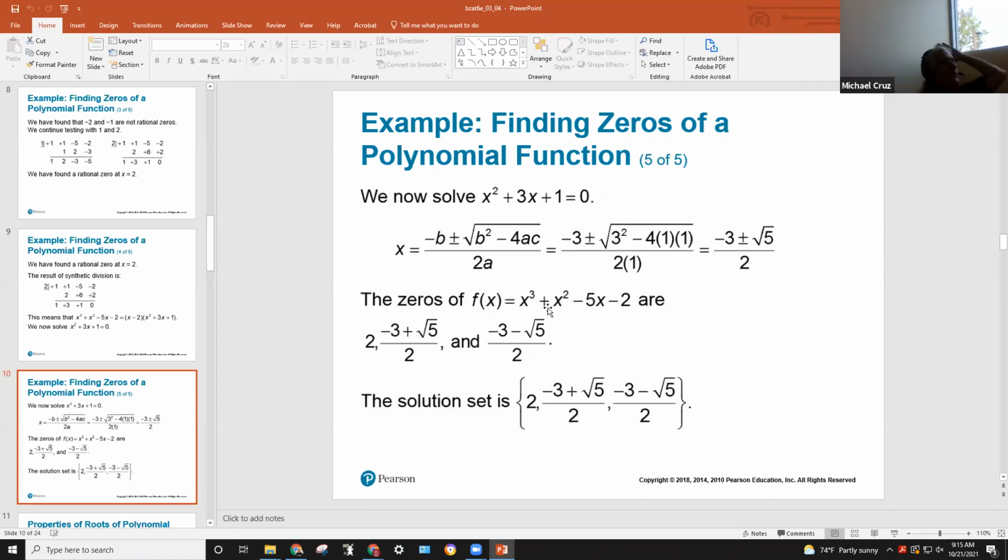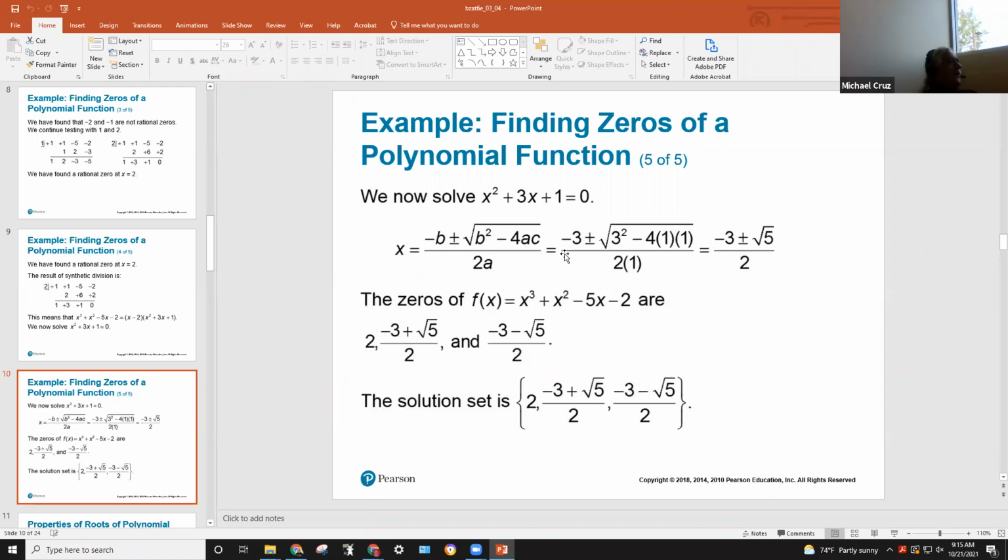All right. So now, putting this in, remember, A is 1, B is 3, C is 1. Put it in the quadratic formula. That's usually the best one to do it with, because it may not be factorable, and this one was not factorable. So the quadratic formula is your friend. You can use completing the square, we did a little bit about that at the beginning.